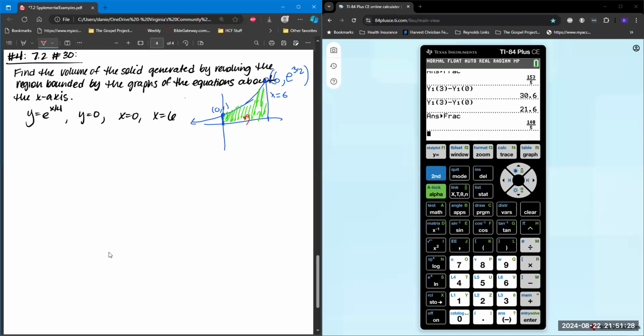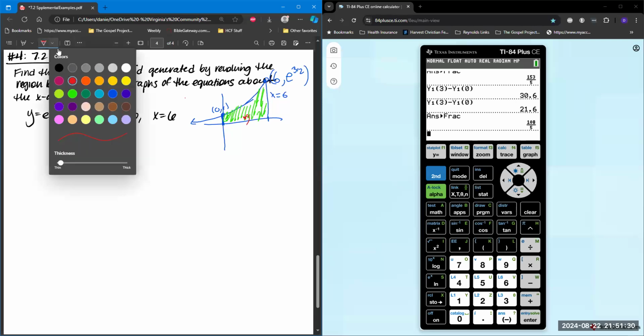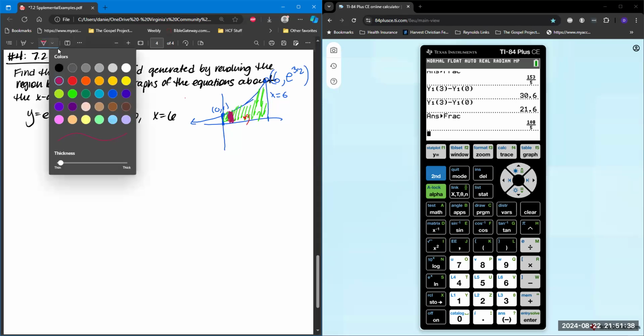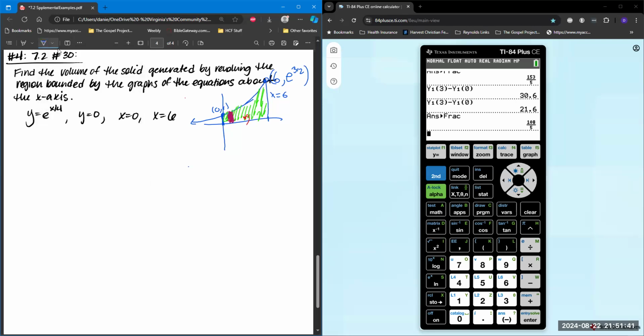So our rectangles are going to be vertical so that they're perpendicular to the axis of rotation. And so we have integral from 0 to 6, pi on the outside, r squared dx, like that.